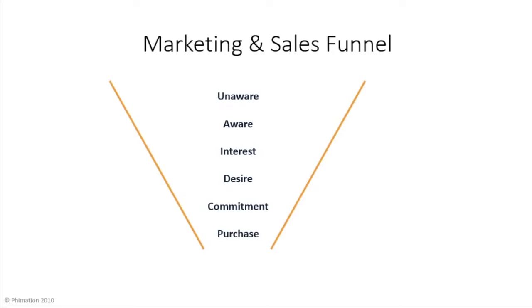If you're not familiar with it, a general decision-making or purchase process goes through several steps. First, you're unaware that you want to buy something or unaware of the options. Then you become aware that you have a problem or something that you want to buy, and you become aware of what the choices are in addressing that purchase.